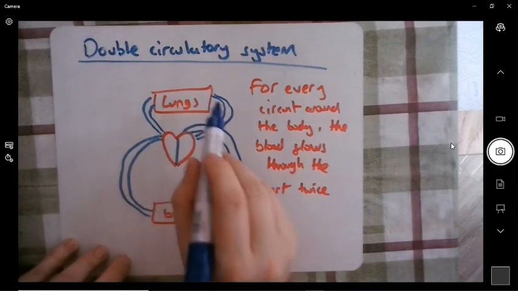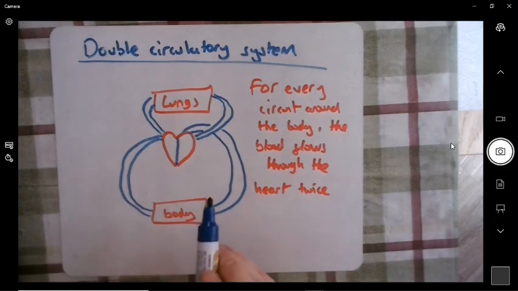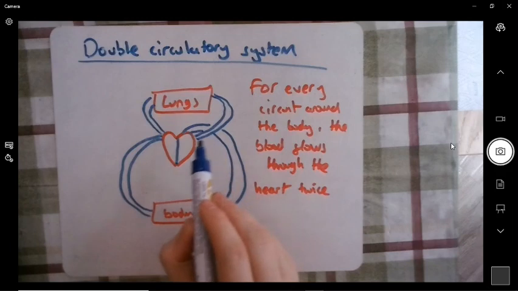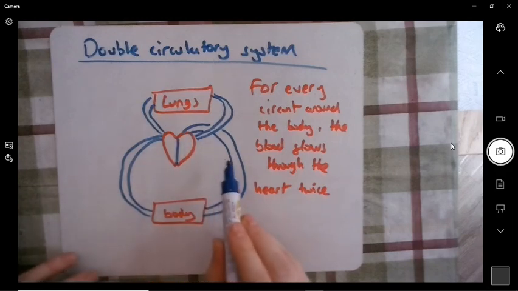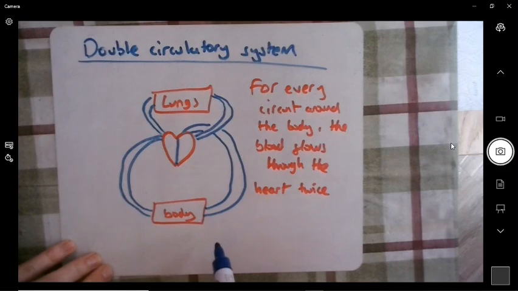So if the blood then went straight to the body, the blood would have zero pressure and it would travel really slowly, too slow to meet our metabolic demands. But because it flows back to the heart, the heart can then pump it one more time, allowing it to increase the pressure, increase the speed, and get to the body cells that need the oxygen for aerobic respiration to meet our metabolic demand.